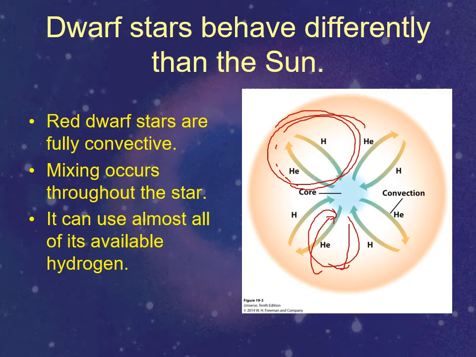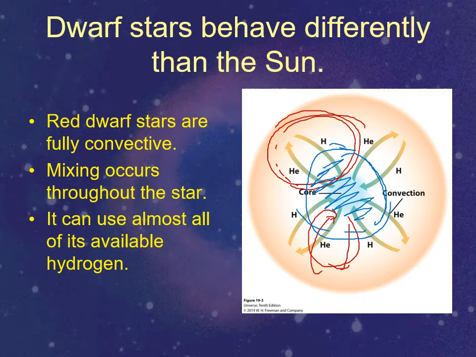Now, for the sun and all the other stars, the fusion is only in the middle. Even with a red dwarf, the fusion is only in the middle. So when you run out of hydrogen in the middle, then you end your life on the main sequence.